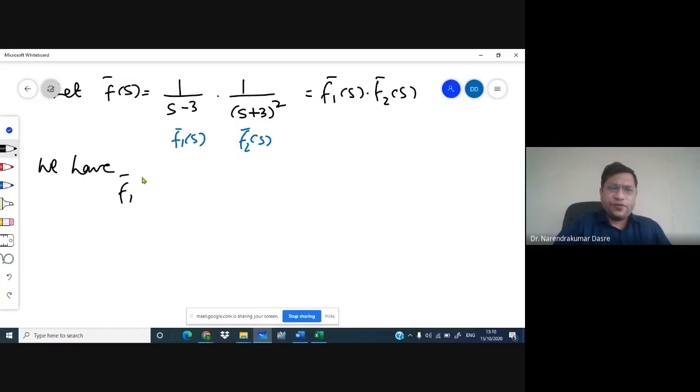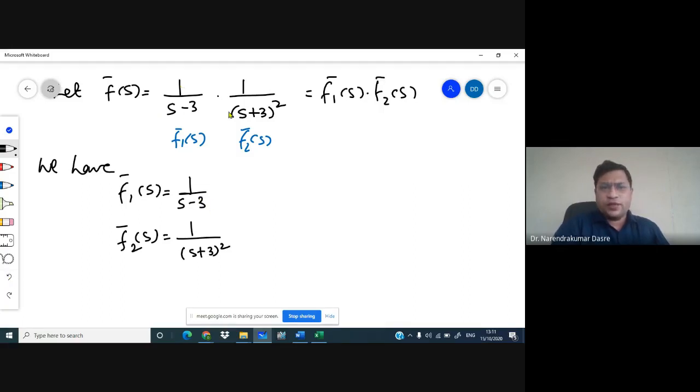So f1 bar of s is equal to 1 upon s minus 3 and f2 bar of s is equal to 1 upon s plus 3 bracket square. There is no compulsory rule that this should be f1 and this should be f2. Anything you can consider f1 and the remaining will be f2.